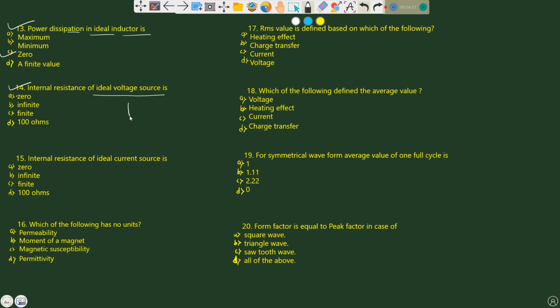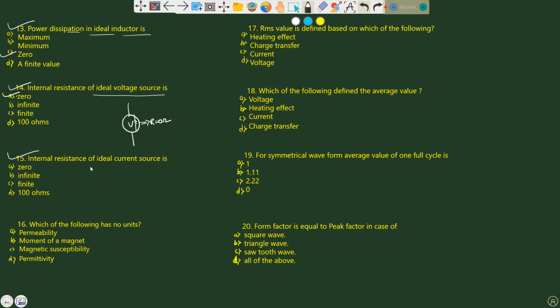Now the next question: internal resistance of an ideal voltage source is what? You will be having a voltage source, and its internal resistance will be almost 0. Why? Because it should deliver some source, and it will be having some built-in source which will be supplied to the circuit, so there will be resistance 0.